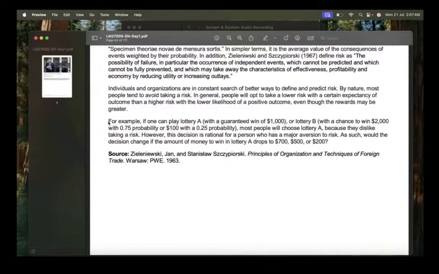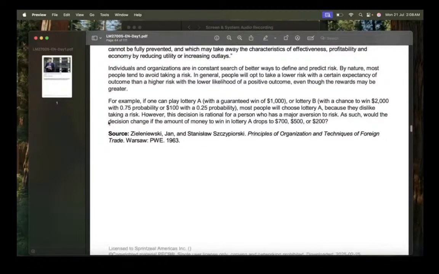Most people will choose lottery A because they dislike taking a risk, and we see there is more risk in lottery B. So this decision is rational for a person who has a major aversion to risk. Would the decision change if the amount of money to win in lottery A drops to $700, $500, or $200?